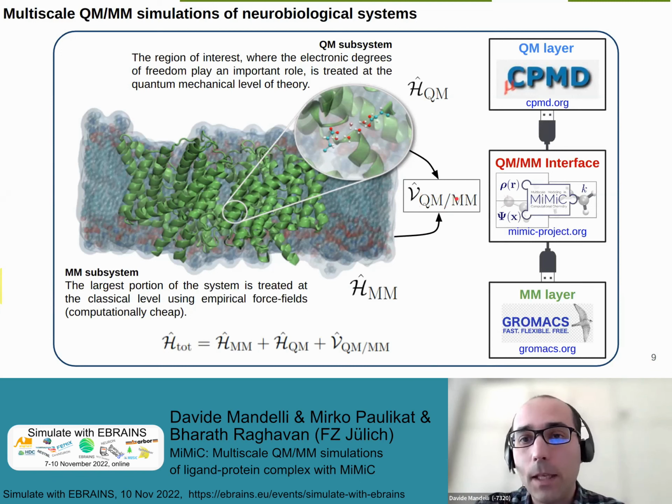And in the tutorial of today, we will use the MiMiC QM/MM interface that has been designed as an interface between the density functional theory code CPMD for the QM layer and the GROMACS code for the classical part of the system.